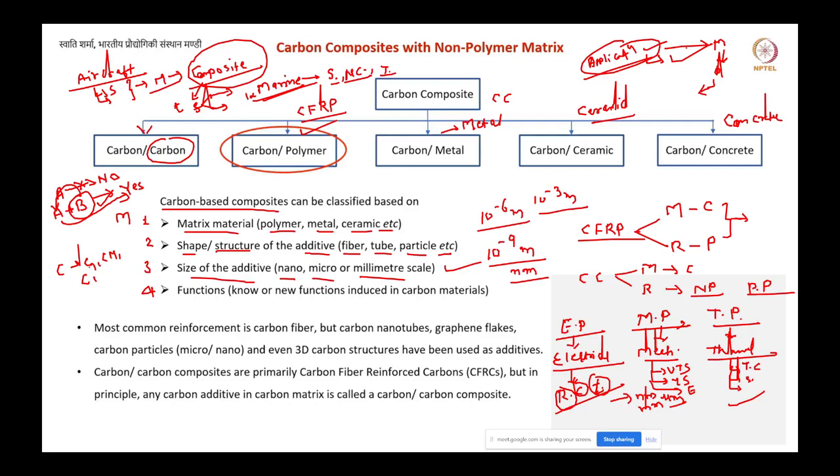There are a lot of allotropes of carbon that you can add in your carbon to make a carbon-carbon composite, adding different forms of carbon material in order to enhance the property, because each carbon gives different properties.